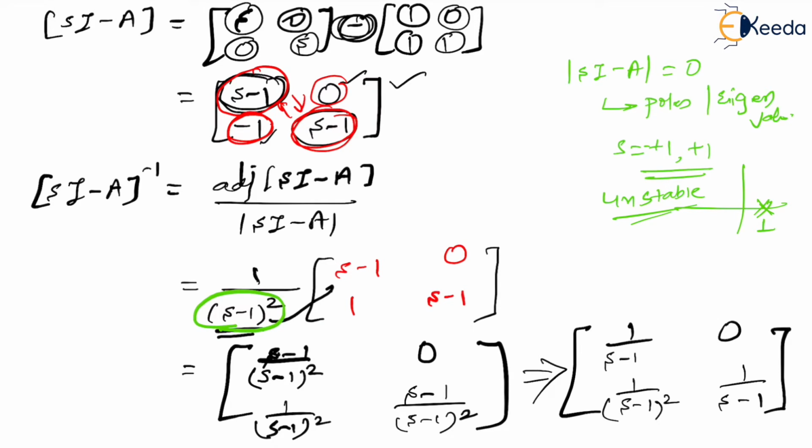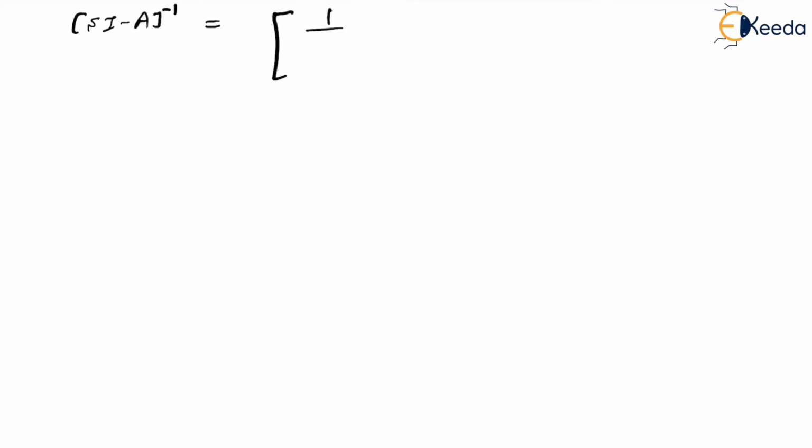Now, what is (SI minus A) inverse? (SI minus A) inverse we have got from the previous one. What is of interest to me? I don't want (SI minus A) inverse. I want Laplace inverse of (SI minus A) inverse.